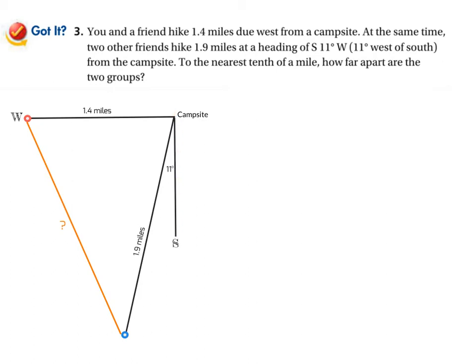So here's south. You're going to go 11 degrees west of that, and they're going 1.9 miles. So then the question is, how far apart are they? And that orange line and that orange question mark, that's what you're trying to find, that distance. So to the nearest tenth of a mile, how far apart are the two groups?